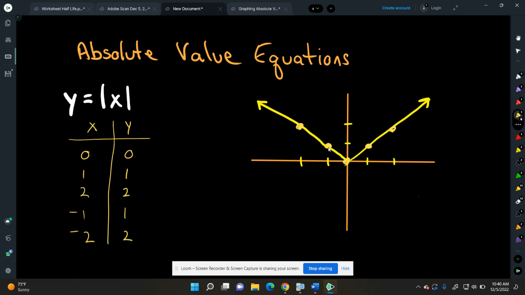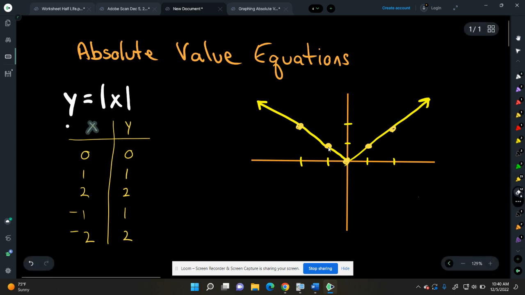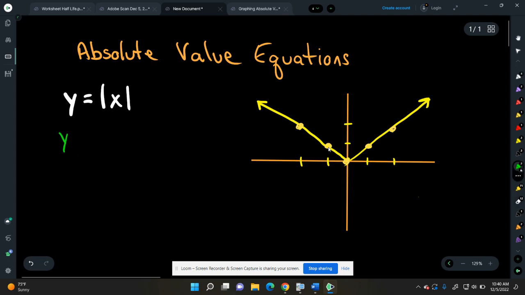Everybody got that? Okay. Now, let's just change the formula a little bit. Let's do y equals absolute value of x plus 2.